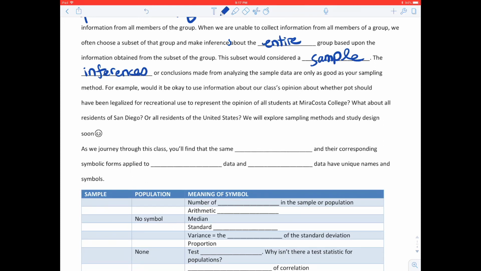All right. So anyway, kind of got off on a tangent there. As we journey through this class, you'll find that the same measures and their corresponding symbolic forms applied to population data and sample data have unique names and symbols.